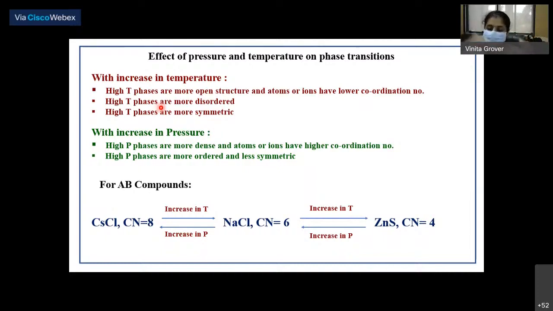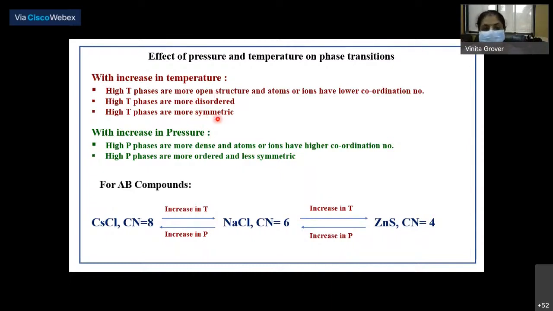So if a crystalline form of the material will undergo a phase transition and there could be some order-disorder, then the high temperature phase will always be more disordered. Then, high temperature phases are more symmetric. They want to expand, and because they are expanding, they would want to arrange in a very systematic manner.